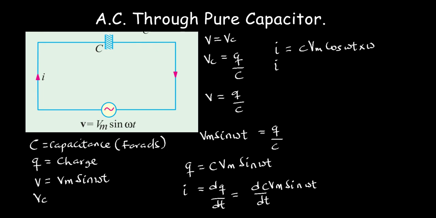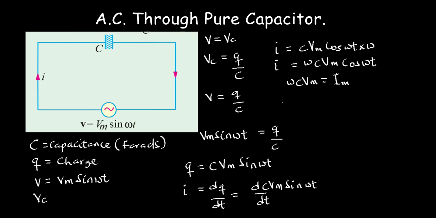I'm going to write this as I equals omega C Vm multiplying cosine of omega t. This expression omega C Vm is equal to the peak current Im.